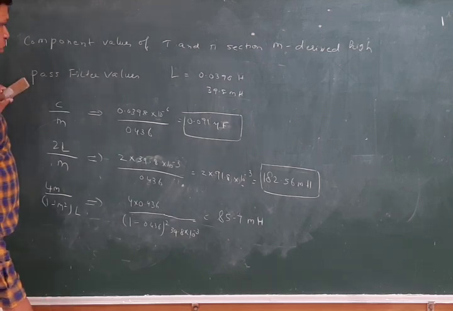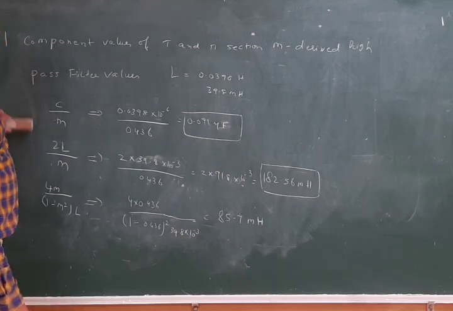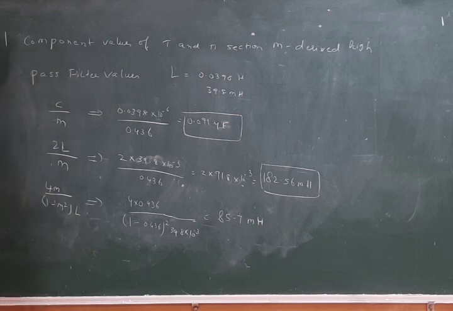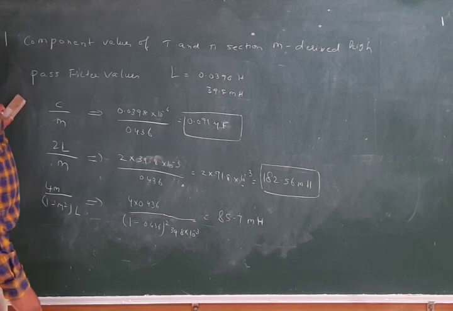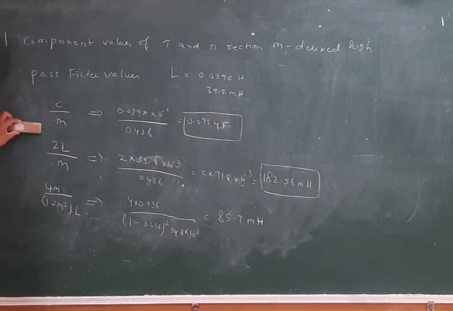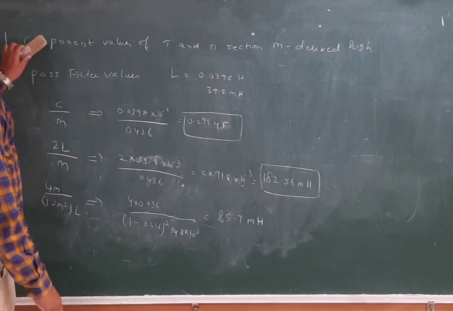First we have to find the values of C by m, 2L by m and 4m by 1 minus m square. Depending upon the T section and pi section parameters, we will write these values.